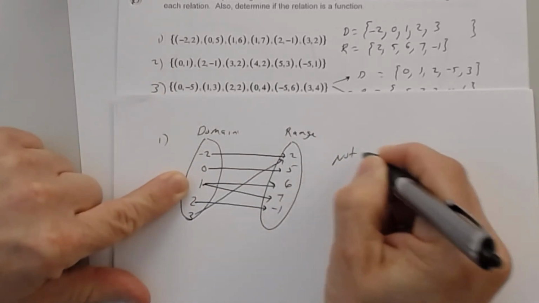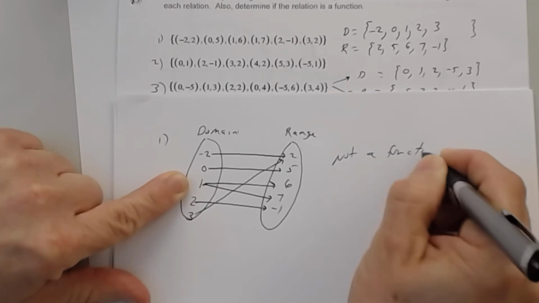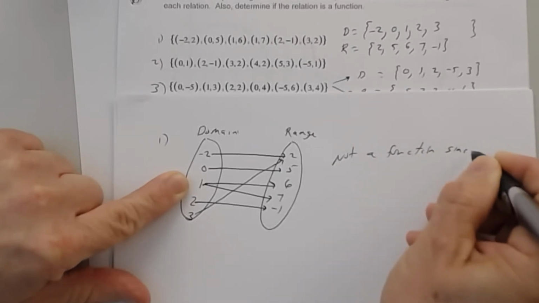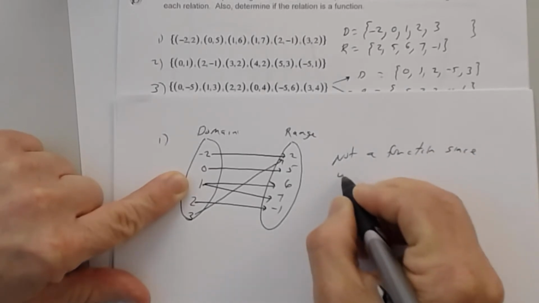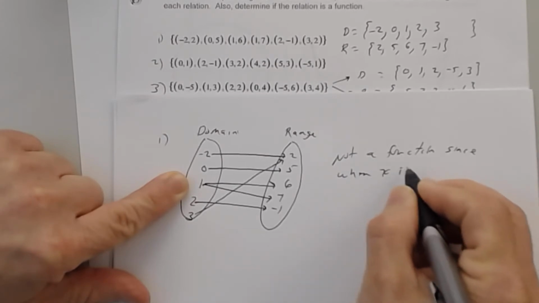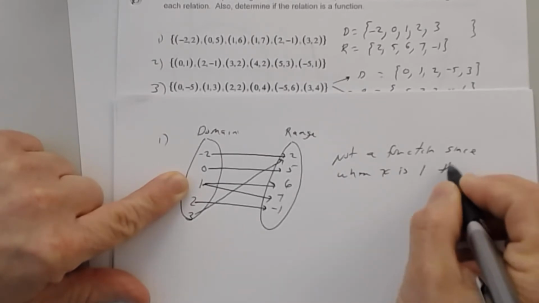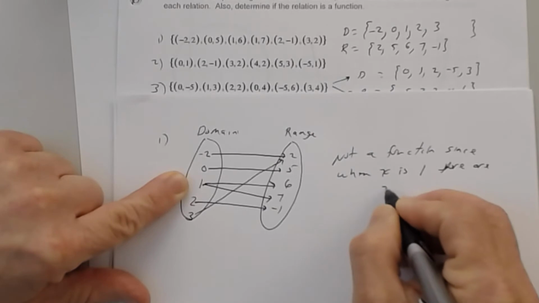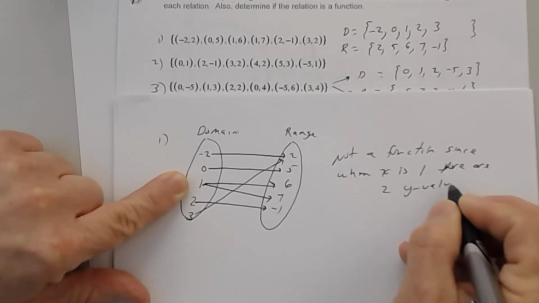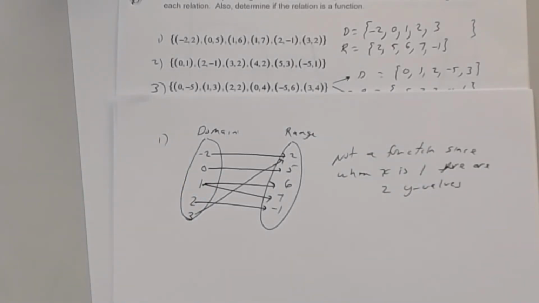It's not a function since when x is 1, there are 2 y values. According to the definition of a function, for each x there's got to be 1 y. So that's not a function.